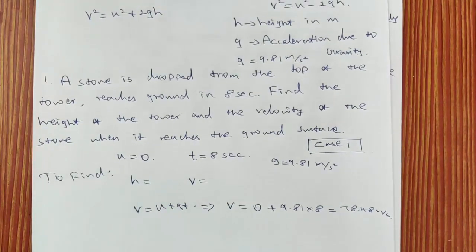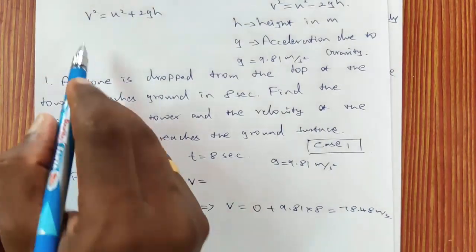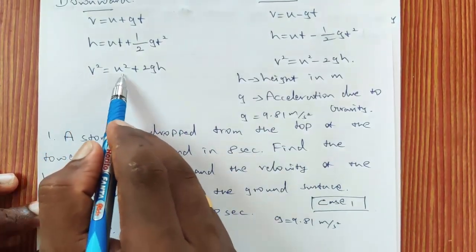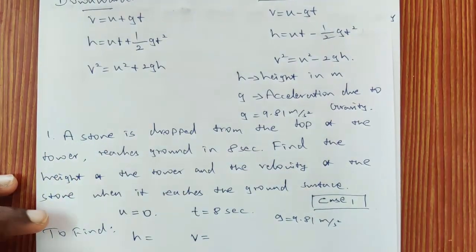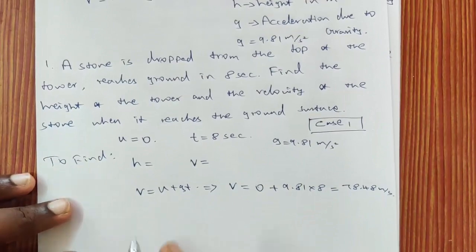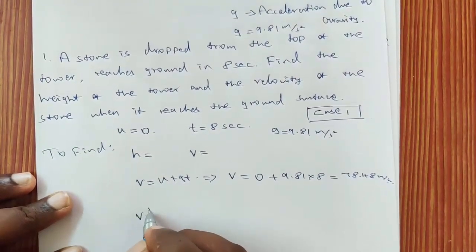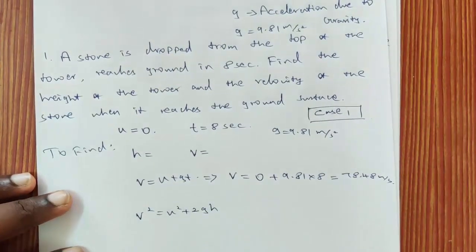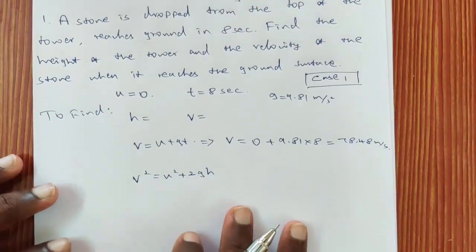Then we will calculate h. If you consider the third equation, we have v, u and g. The only unknown value is h. So we can use the third equation, that is v square is equal to u square plus 2gh. We can substitute the values.